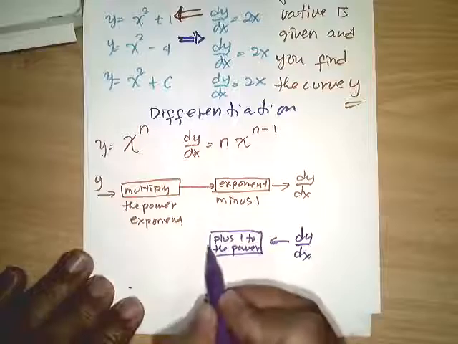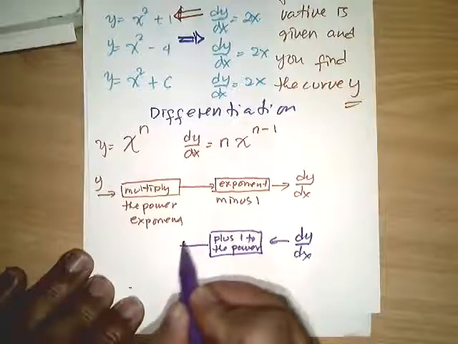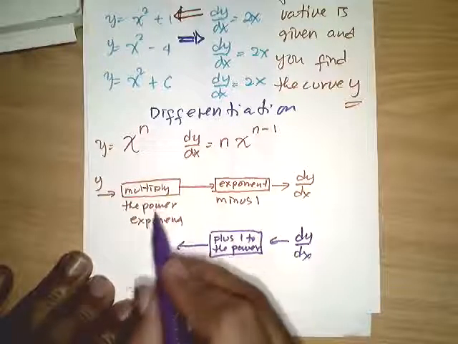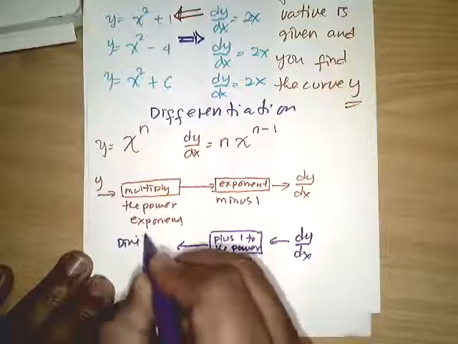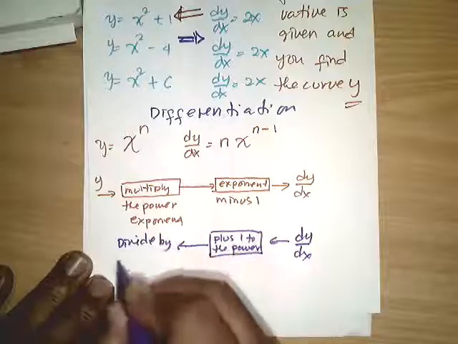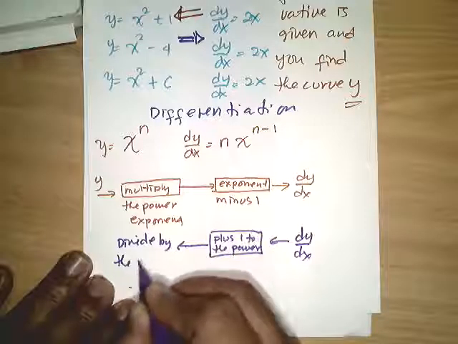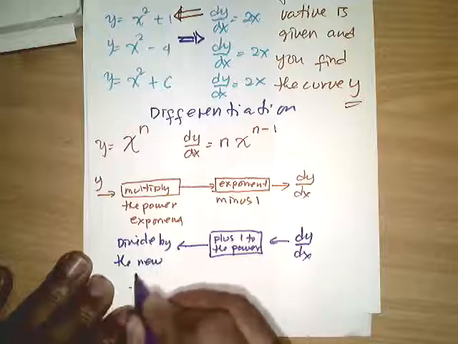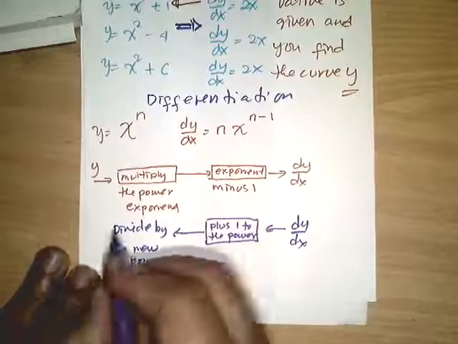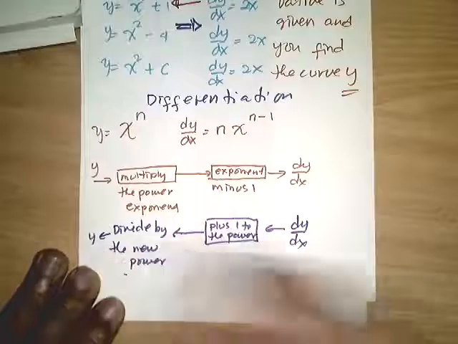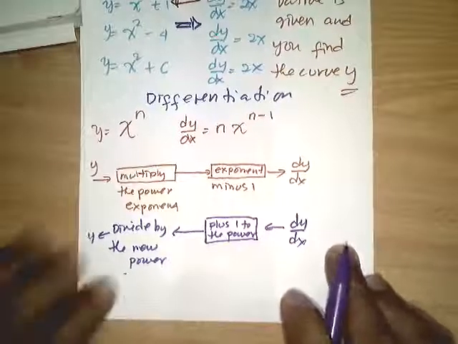After adding 1 to the power, instead of multiplying by the power, you divide by the new power. Okay? And that will give you your curve y.